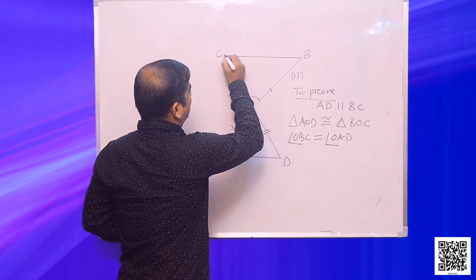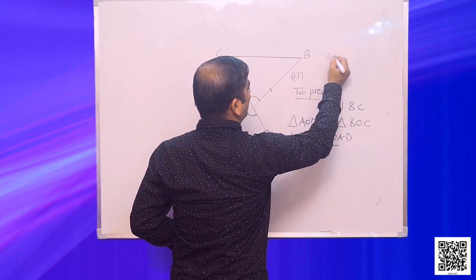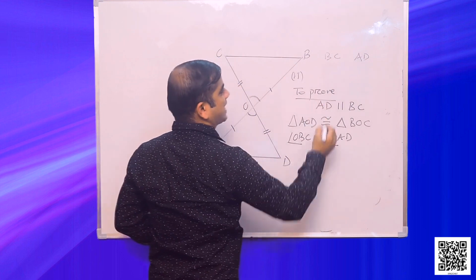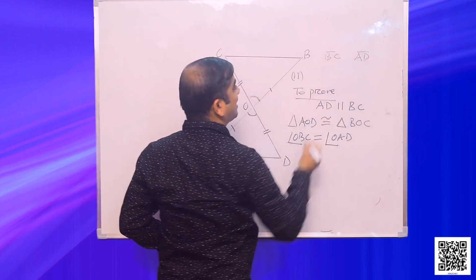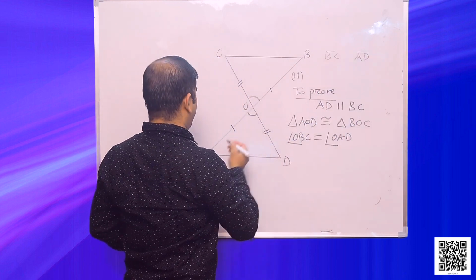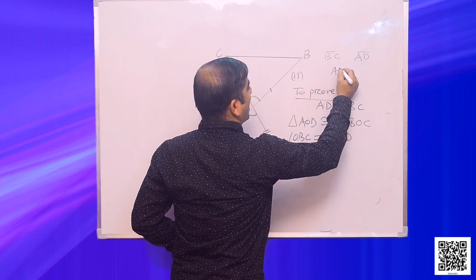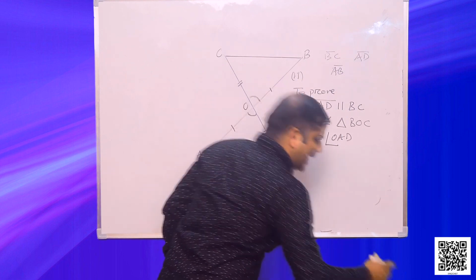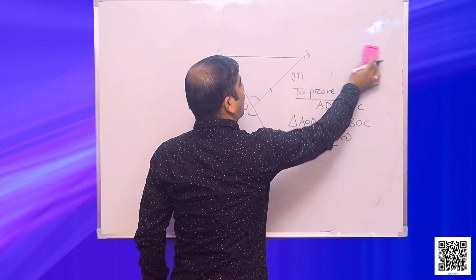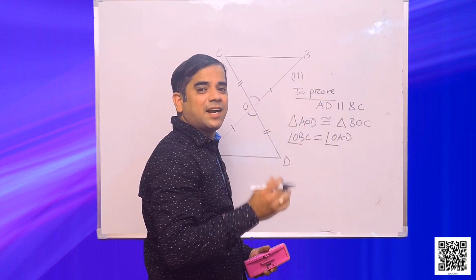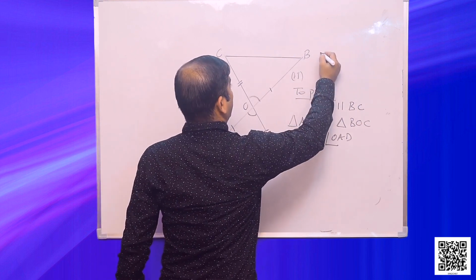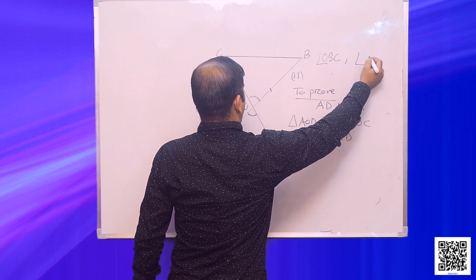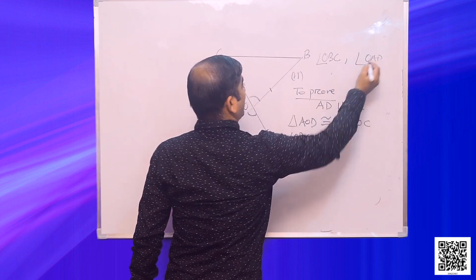So, there are the lines BC and AD. These two line segments are being intersected by line AB at points B and A. So, thereby they are forming two interior alternate angles, angle OBC and angle OAD.